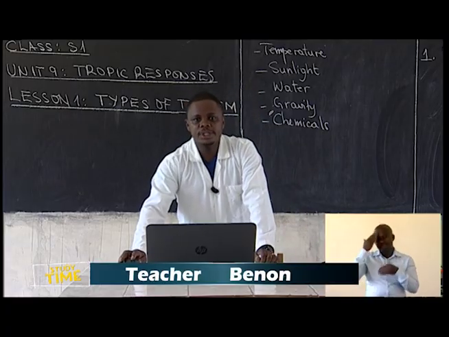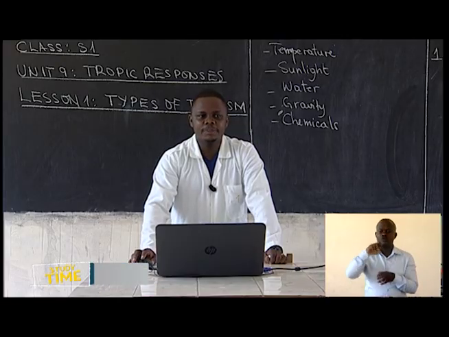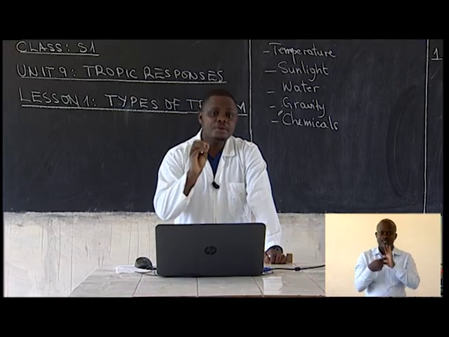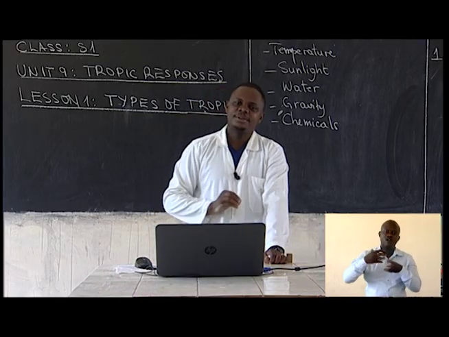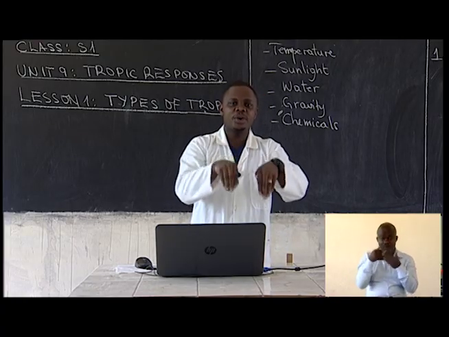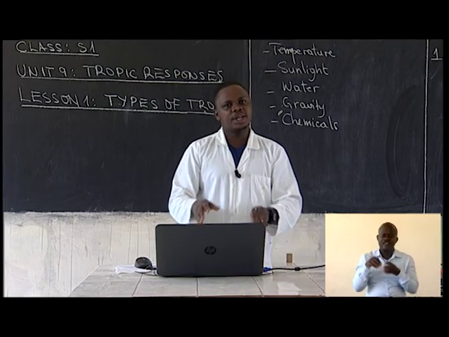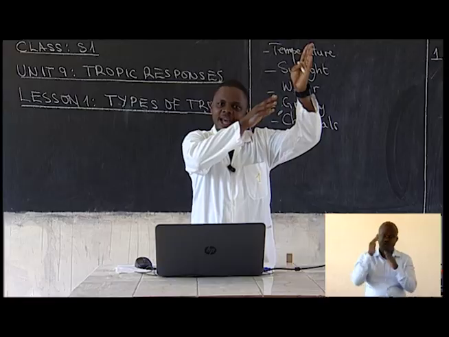While roots show negative phototropism. That means roots move away from light. This is understood because roots grow underground or in the soil, so they don't grow towards light.